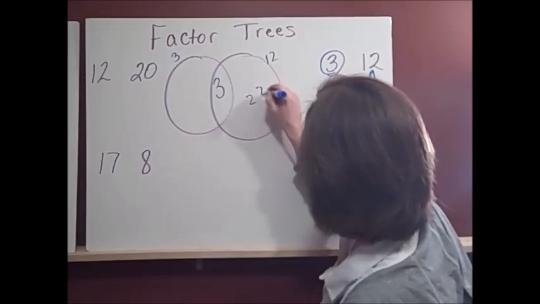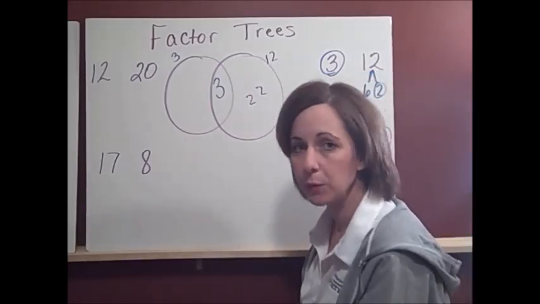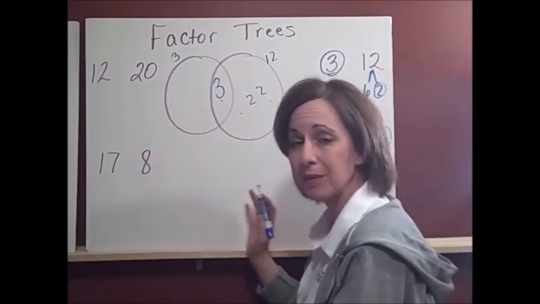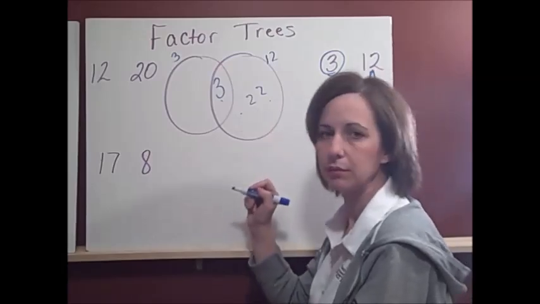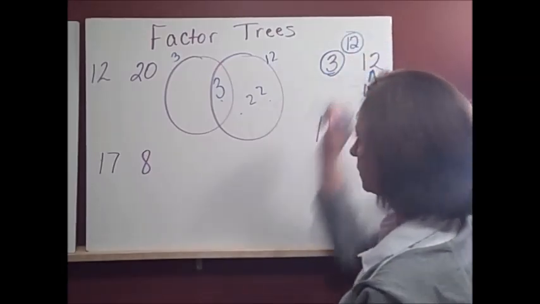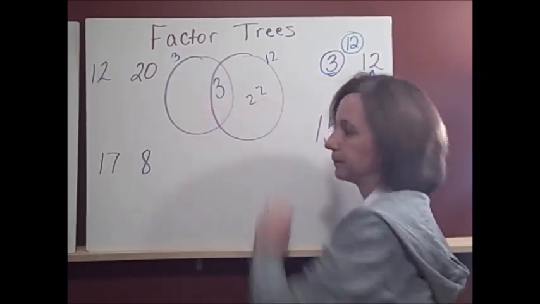And this one has a 2 and a 2 left over. So my least common multiple says multiply. You multiply everything in the entire circle. 3 times 2 times 2 is 12. The least common multiple of 3 and 12 is 12. And if you'll remember, the greatest common factor is 3.